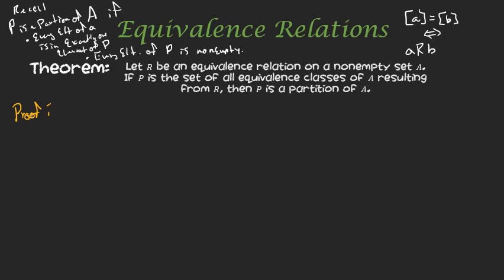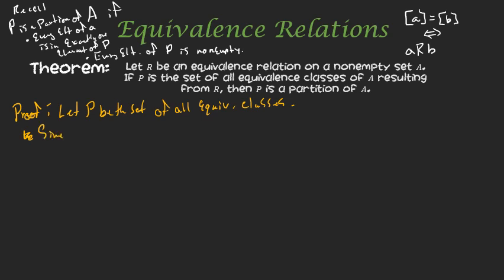So we'll start with our hypothesis, assuming our hypothesis. Let P be the set of all equivalence classes. Well, we've already seen that every element of A belongs to its own equivalence class. And that was from reflexivity.